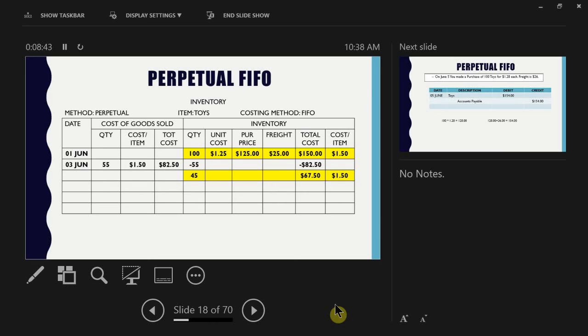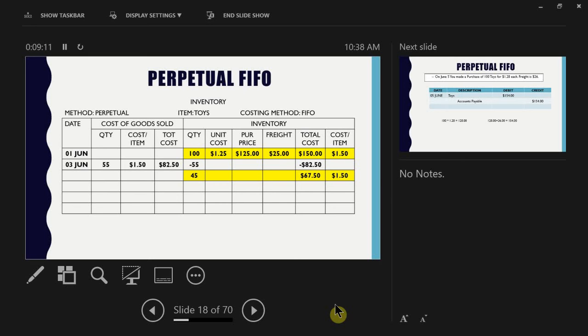So that is exactly why I need to calculate my cost of goods sold, so I can enter it into my inventory worksheet and update my inventory, so that now my first batch is no longer 100 items. It's now 45. And I know that because I calculated my cost of goods sold and I'm updating my inventory.